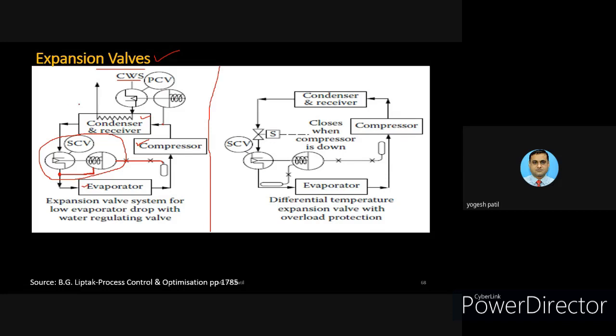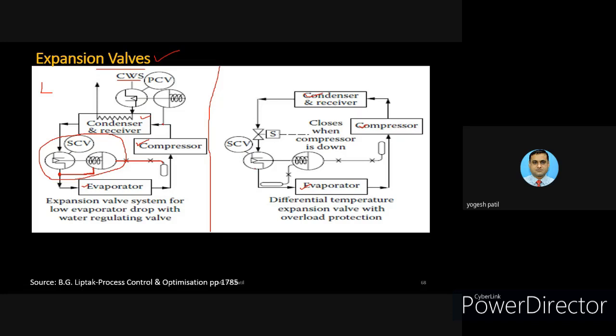So this is the left side, one type of valve, I can say, and on the right side there is another type of arrangement. It is not always the same type of arrangement. In this other arrangement, you can see the same type of loop, evaporator, compressor, condenser, as well as the expansion valve in between.